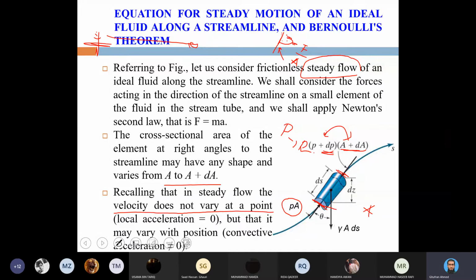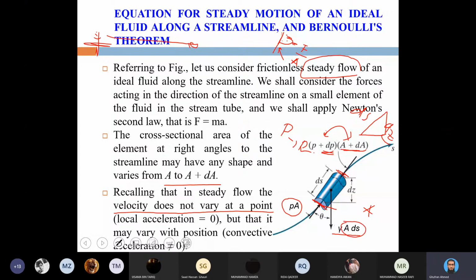The dimensions of this fluid element are its height, or if we consider it like this, then this is ds and this is dz. And there is also a weight acting at the bottom of this fluid element, which is gamma A ds.